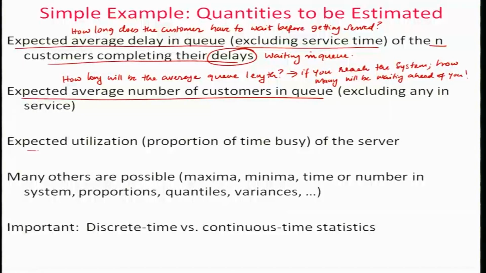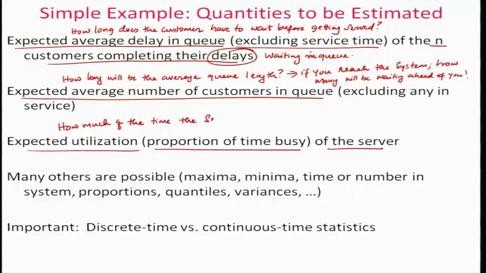Then the third one is expected utilization, or what we call the proportion of time busy of the server. The question is how much of the time the server is busy serving the customer.